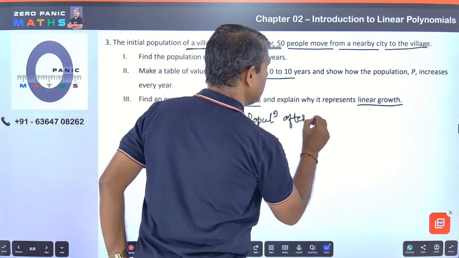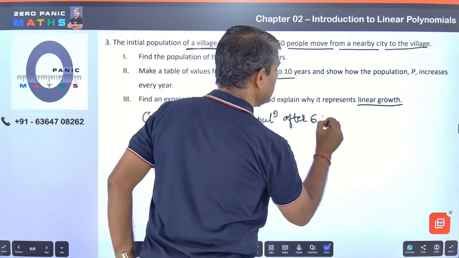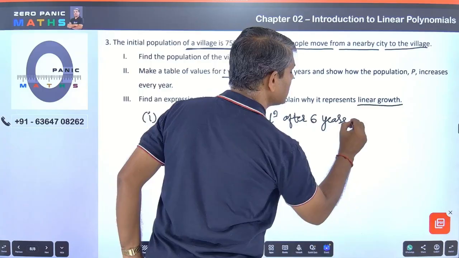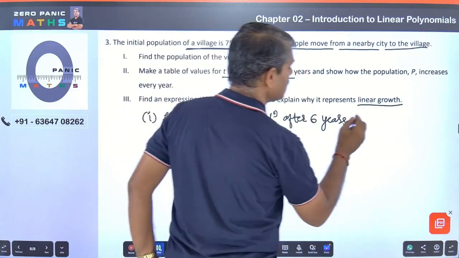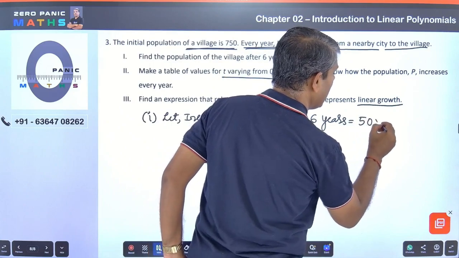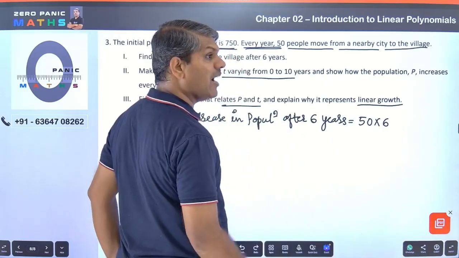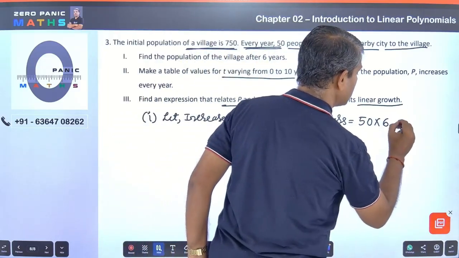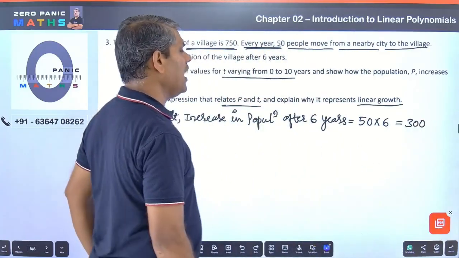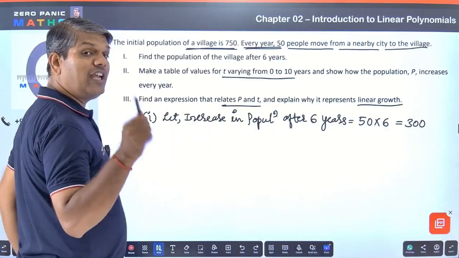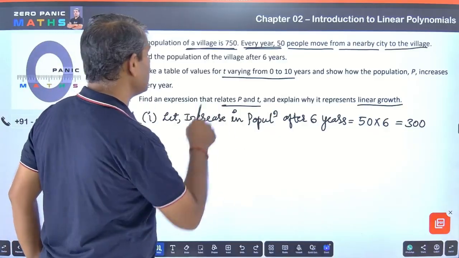Every year it is getting increased by 50 people. 50 people are moving from city to village. So every year 50 people, and after 6 years it will be 50 into 6, that is 300, right? 300 is the value increased after 6 years.